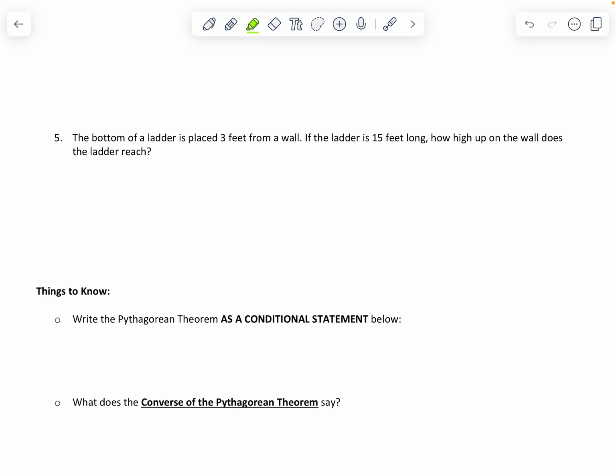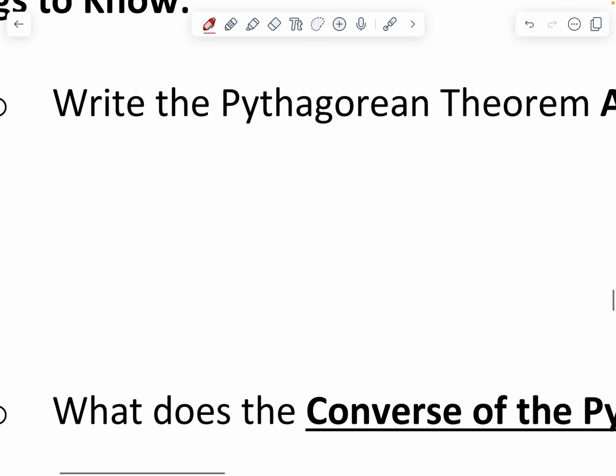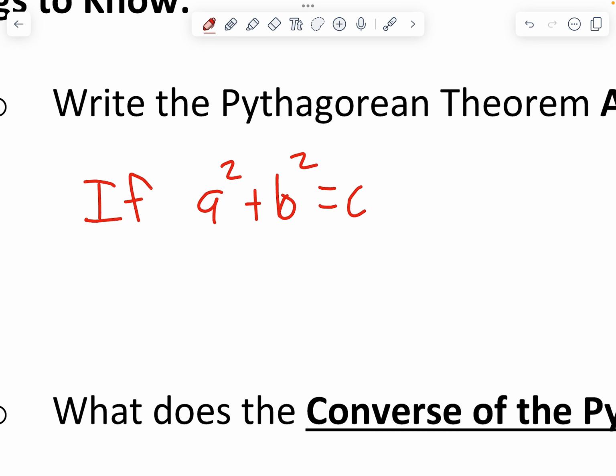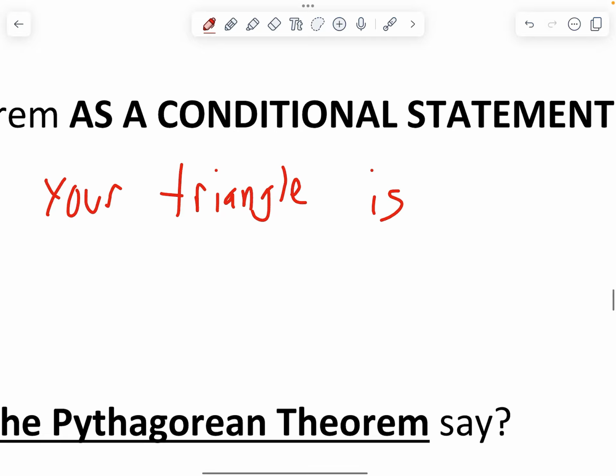The last thing that you guys are gonna do, it says write the Pythagorean theorem as a conditional statement. So you can interpret that as if a squared plus b squared equals c squared, then your triangle is right.